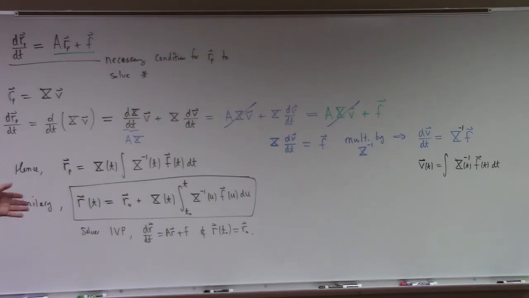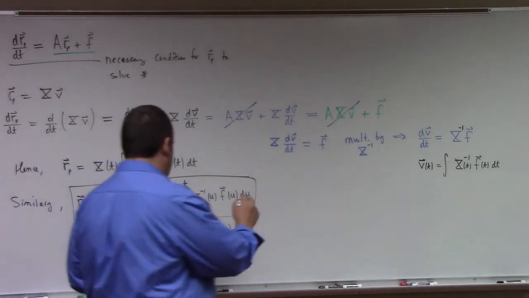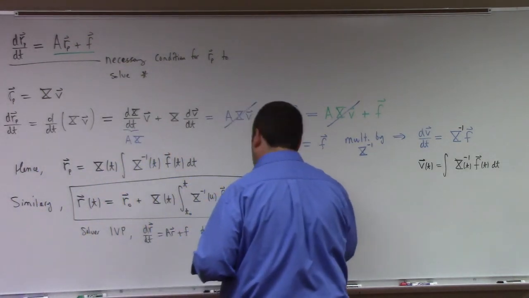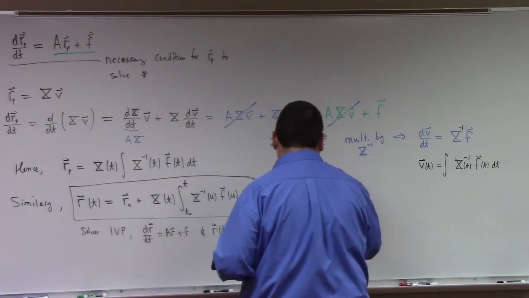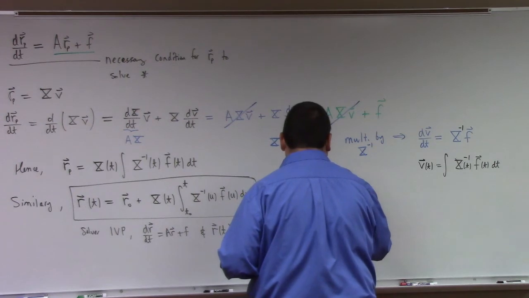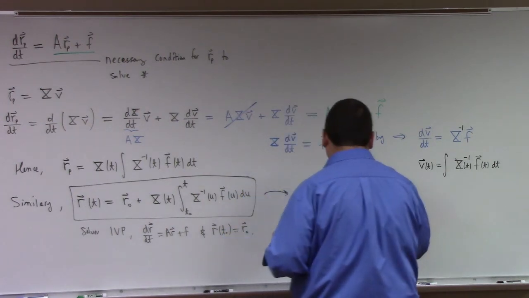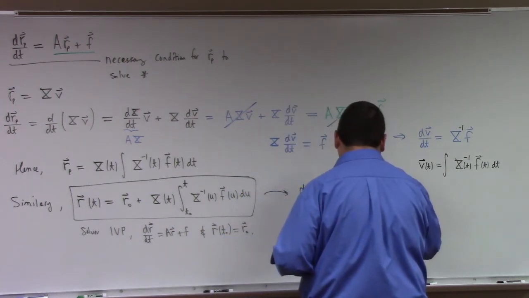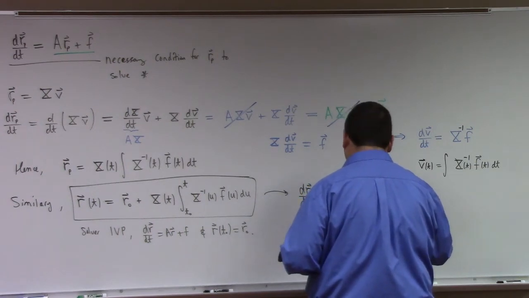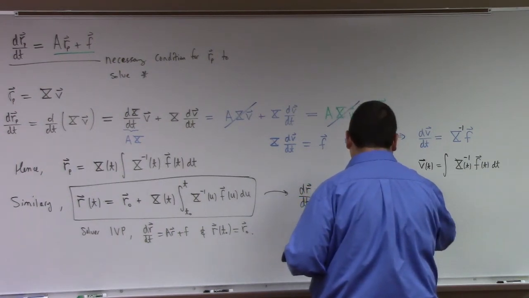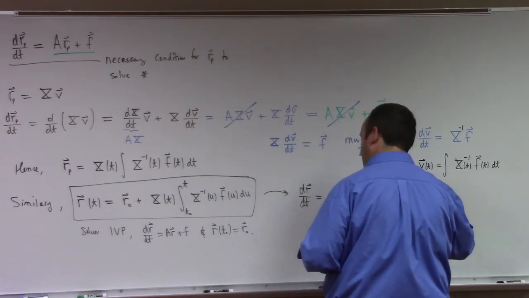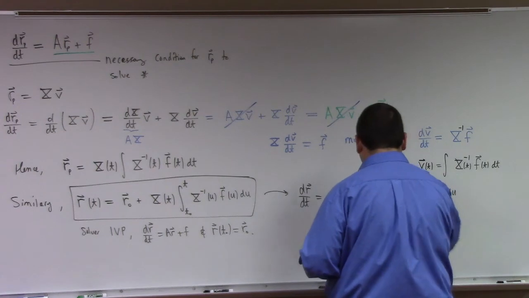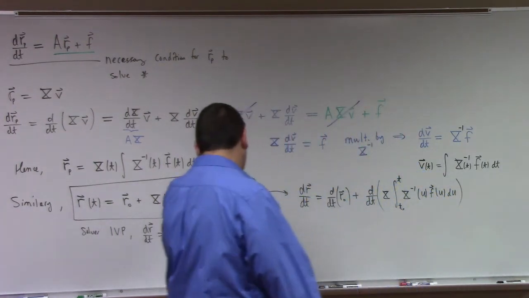If you differentiate that with respect to time, I can do it if you'd like. What happens when we differentiate that with respect to time? What's the derivative of the constant vector r naught? This is just 0.